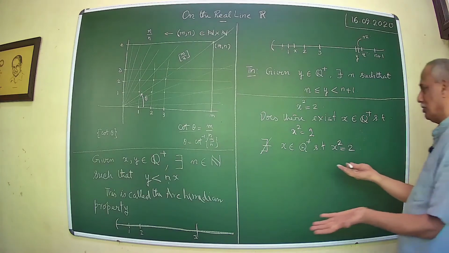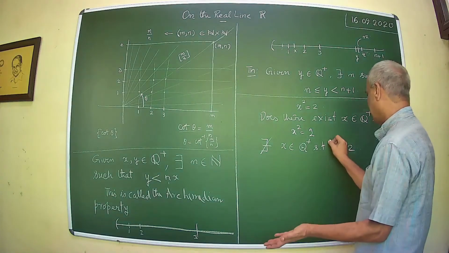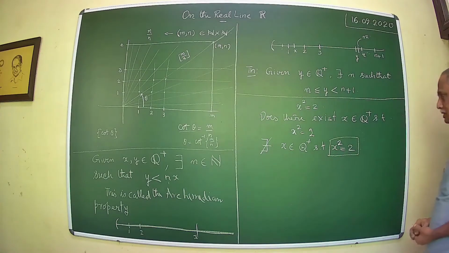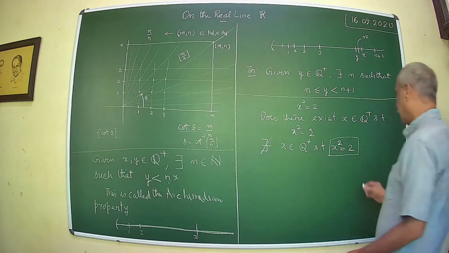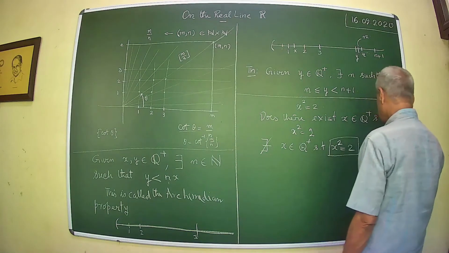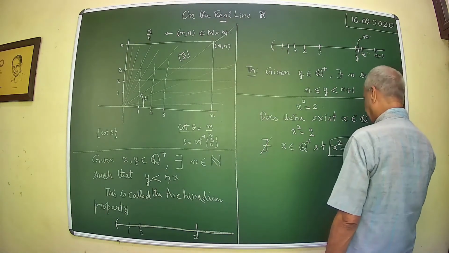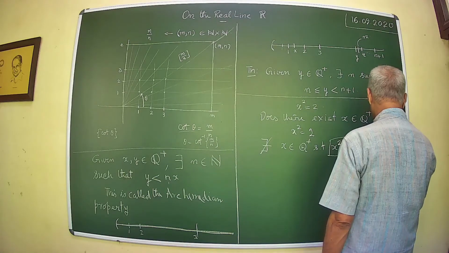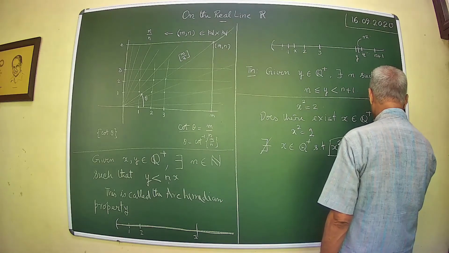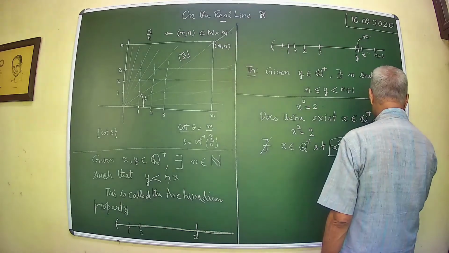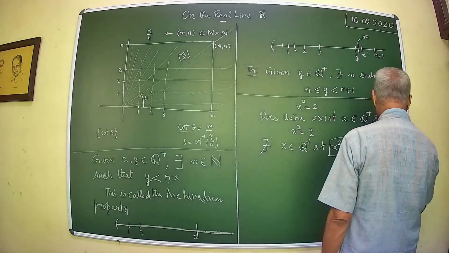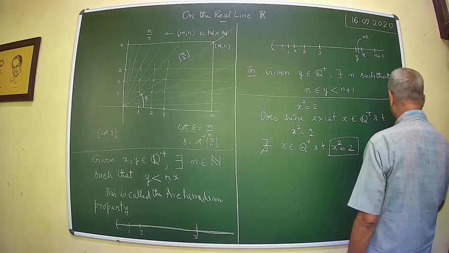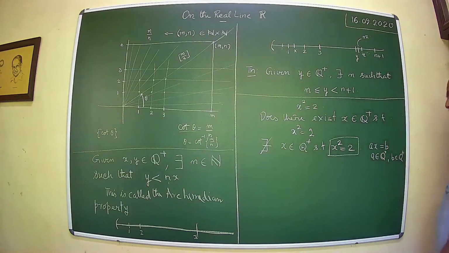Okay. So this particular equation is not a linear equation. Because if you were to take Q plus, see, if a and b are given, ax equal to b for a belonging to Q plus, b belonging to Q plus always has a solution.